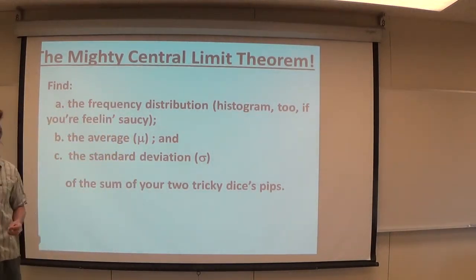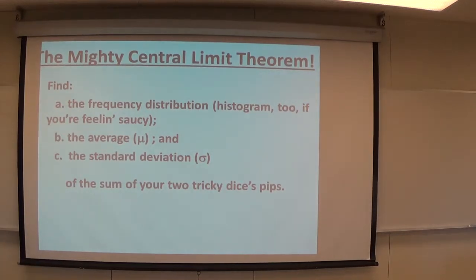Here's what I want you guys to do right now with these dice. I want you to, first of all, figure out the entire frequency distribution for them. So what that means is make yourself a 2-column chart. Figure out what sums you can actually get with these dice. Like for example, there's a 5, there's a 10, there's an 8, there's a 10, there's a 7.